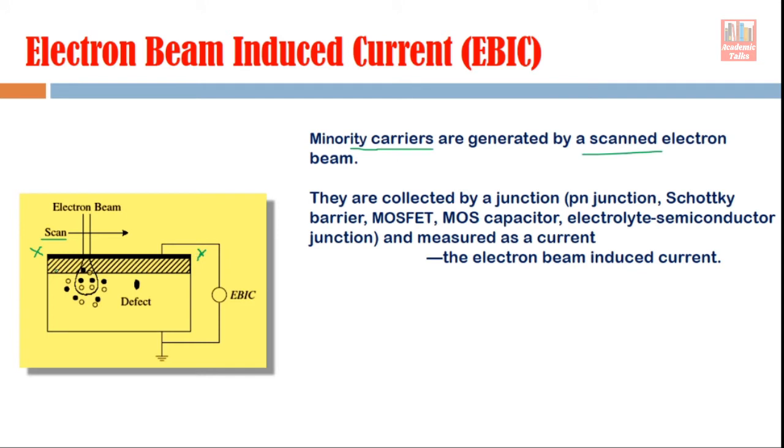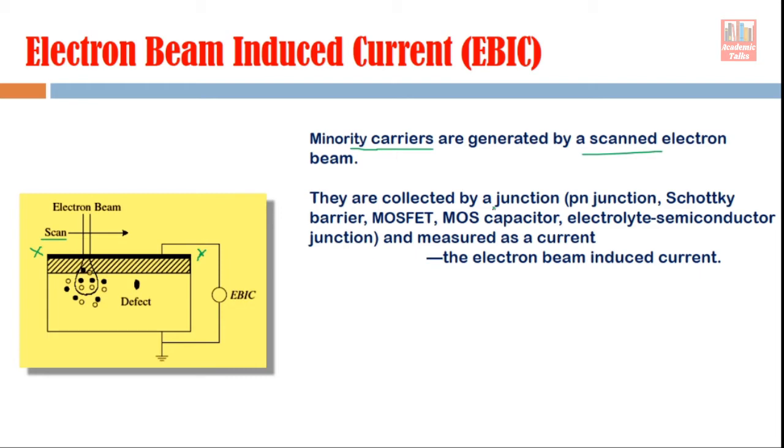Now because of this scanning of the electron beam, electron hole pairs are generated here, but these electron hole pairs are of no use. They will not give us any information unless we are able to collect them, and for collecting them we need an electric field. For having an electric field in the portion where this generation is taking place, we need a junction, because that electric field will be there in a space charge region.